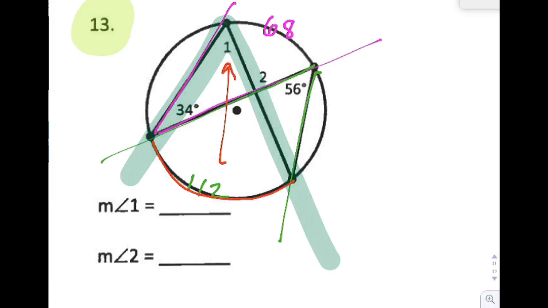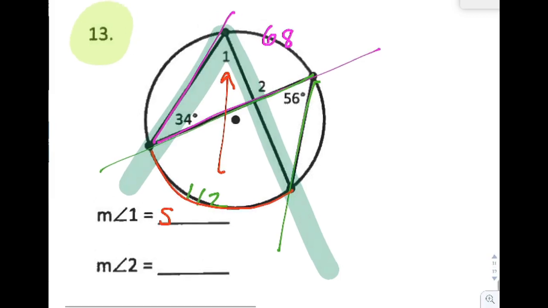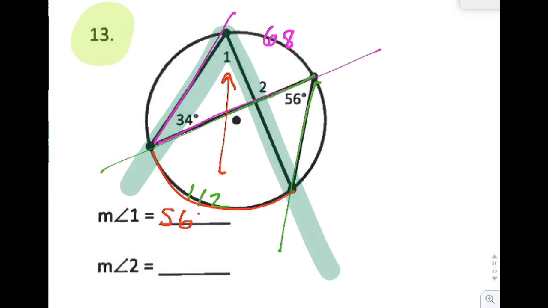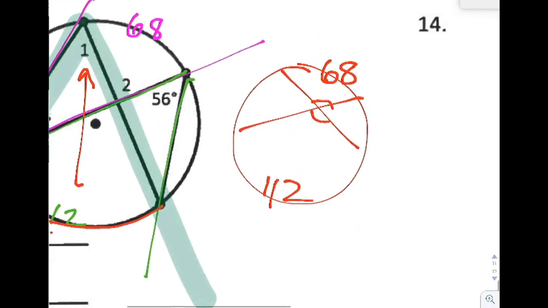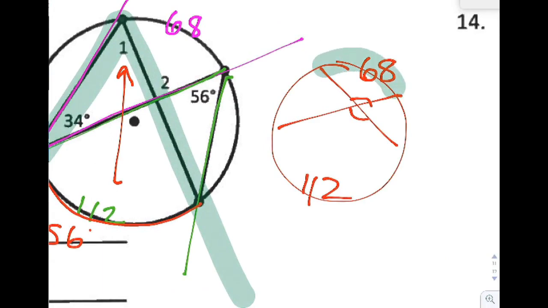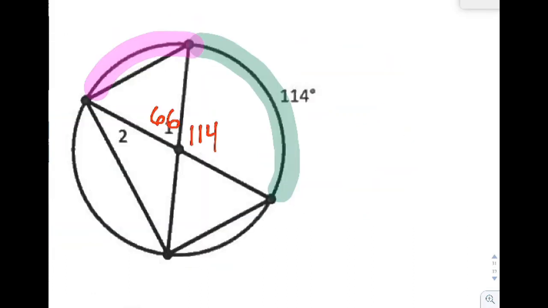So angle 1 is going to be half of 112, which happens to be that same 56. And angle 2, I kind of sketched it over here quickly, is that Goldilocks situation where we have two chords that meet. 68 is too low, 112 is too high, so you add them up and divide by 2. So we know that pretty much pretty quickly right there.